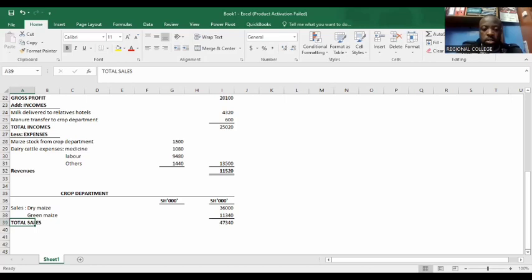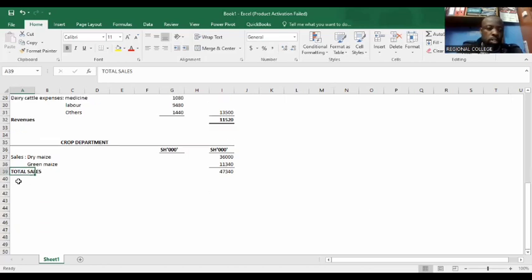Then you go to our stock. We adjust our closing stock and the cost of sales. Cost of sales will have opening stock. Opening inventory of maize, we have 3600.